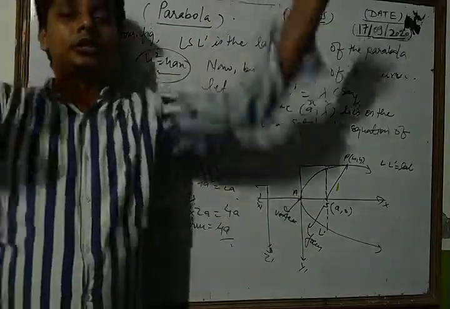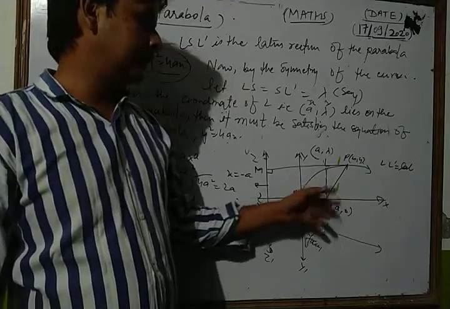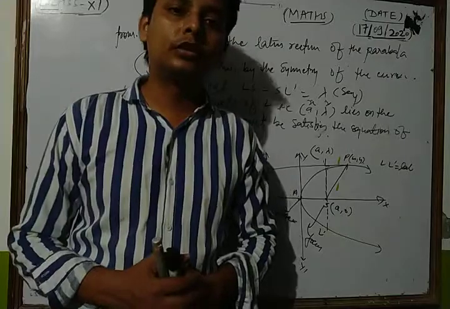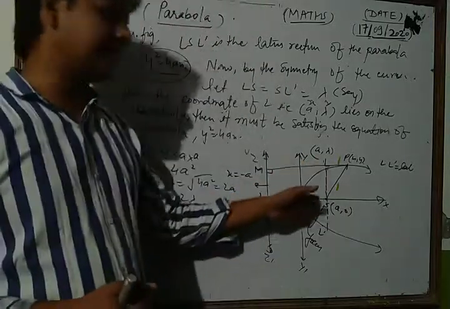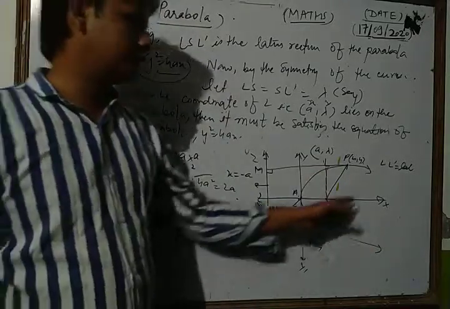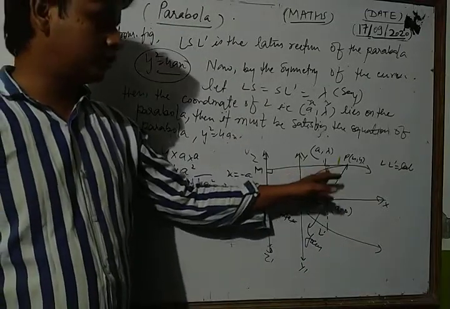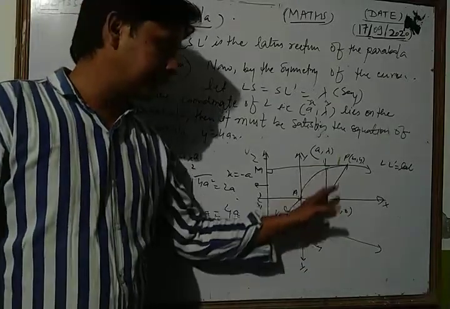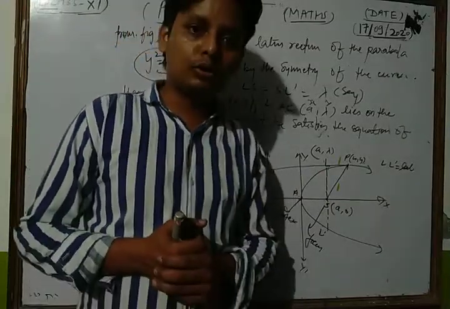Just once more I discuss that. This is the right hand parabola, and here a chord which is passing through the focus of the parabola and perpendicular to its axis is called the latus rectum of the parabola. First of all, we form a right hand parabola and draw the chord which is passing through the focus and perpendicular to its axis. So LL dash is the latus rectum of the parabola.